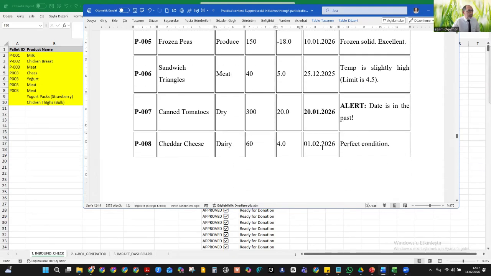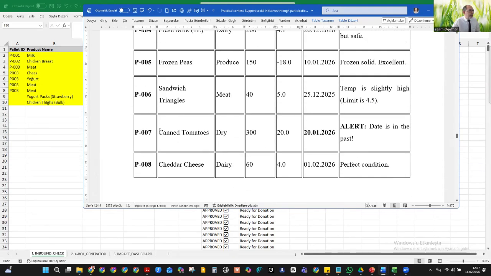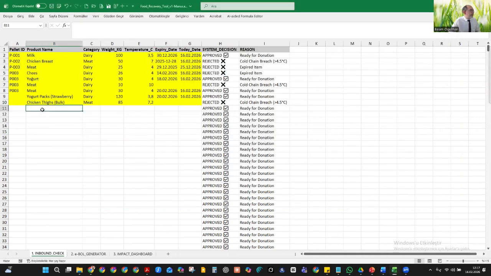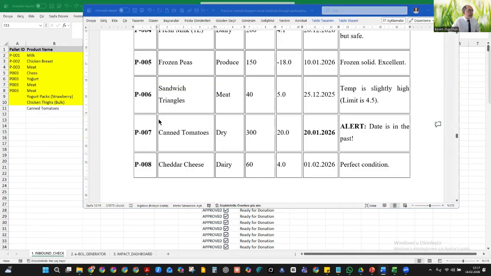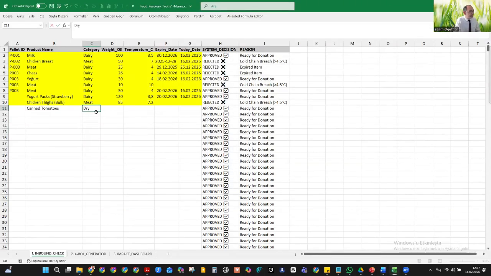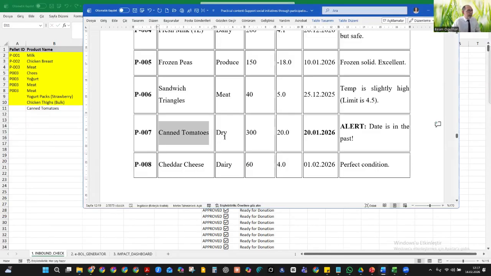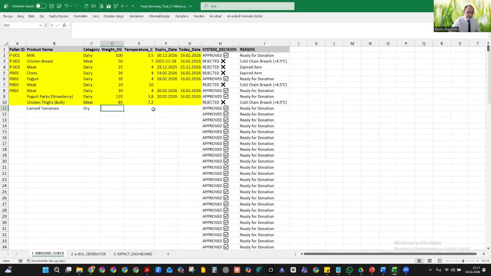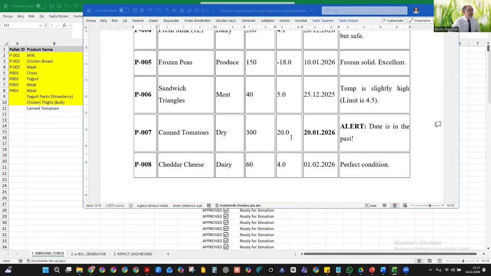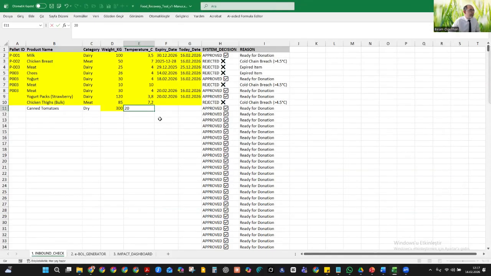One more example. Canned tomatoes. Let's try 300 kilograms. The temperature is 20 degrees. Look here, ready for donation.